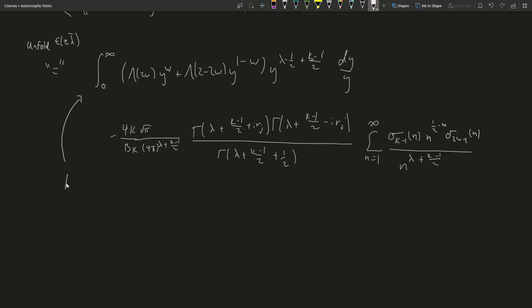doesn't converge. So why doesn't it converge? Well, we basically just have this integral from 0 to infinity of y to the something, dy over y, and this is always going to be infinity, because either you diverge at 0 or you diverge at infinity, or both if theta is 0.